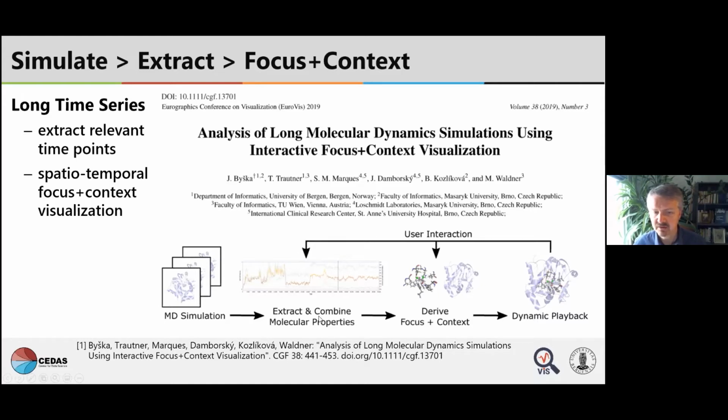And in this work, they try to answer all of these questions to at least a good degree: how to extract the relevant locations in your time series, and then how to derive appropriate focus plus context visualization.